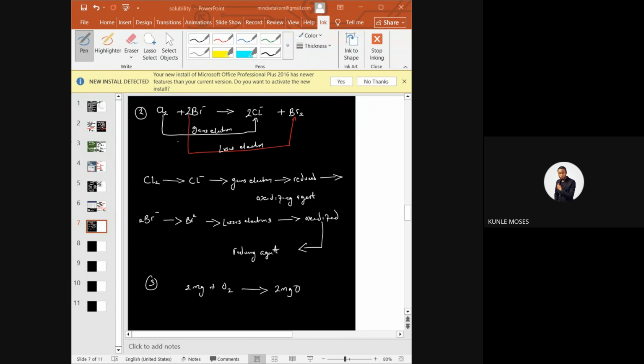I'm talking about O is reduced. So which one is the oxidizing agent? Which one is the reducing agent? The oxygen is the oxidizing agent, and magnesium is the reducing agent.